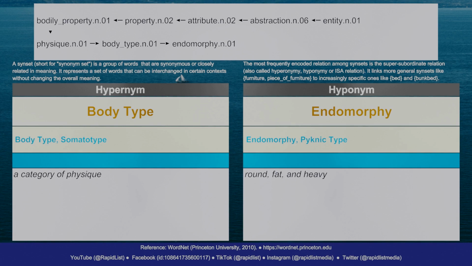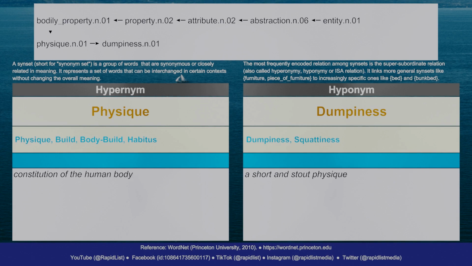Round, fat, and heavy. Dumpiness. A short and stout physique. Lankiness. A tall and thin physique.